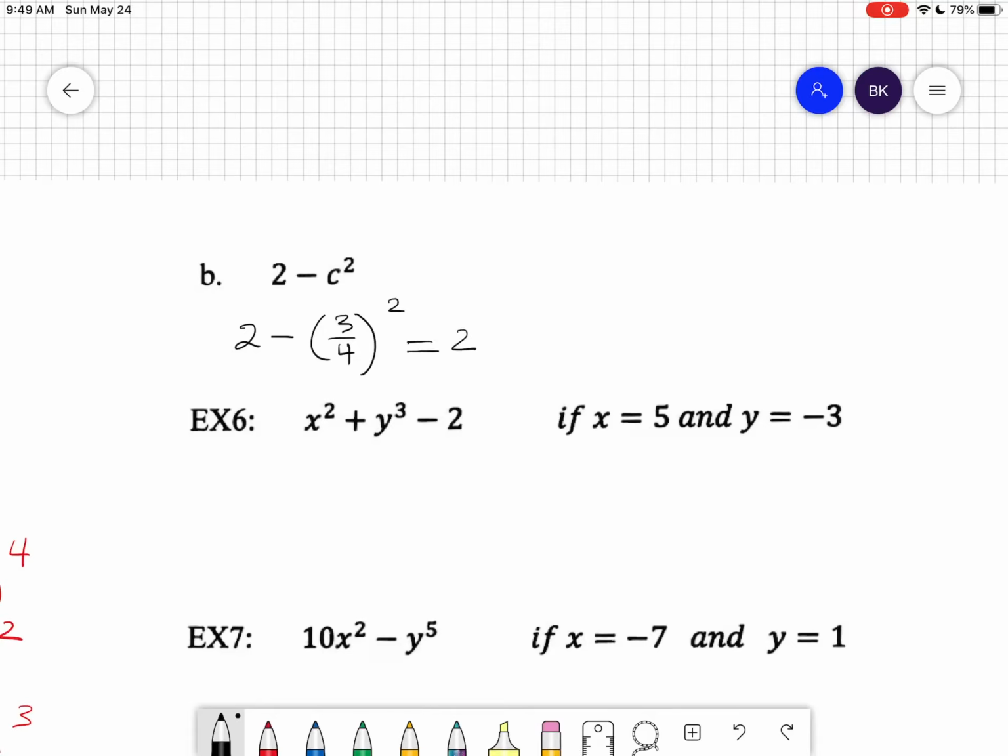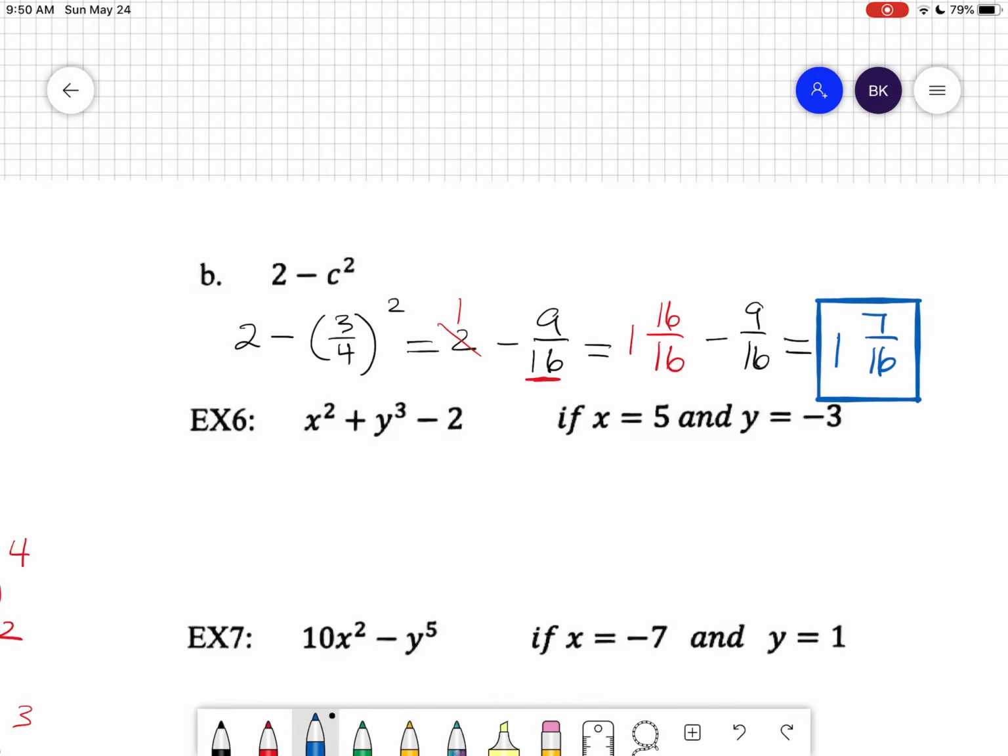So that would be 2 minus 9 over 16. I'm going to borrow, remember borrowing? So I'm going to borrow 1, so this became 1, right? And it will be 1 and 16 over 16 because I'm looking at this denominator right here. Minus 9/16, and my answer is 1 and 7/16.